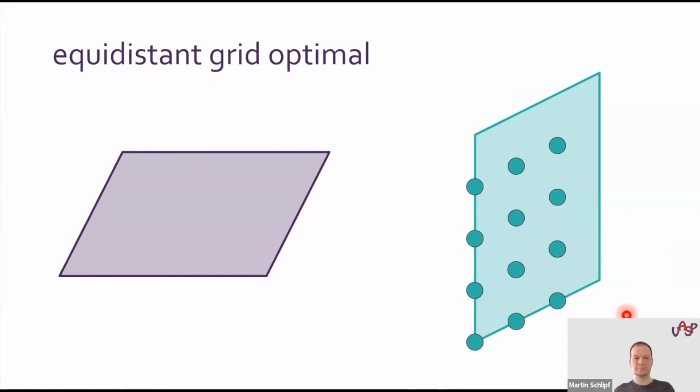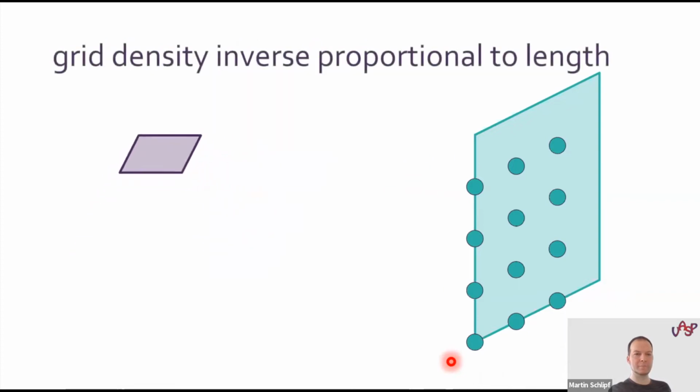But of course, equidistant is not always possible, because not always will your system be a perfect cube. In cases where your system is not cubic, where you have longer and shorter axes, you want to choose your grid such that the grid density corresponds to the length of the reciprocal axis, so more or less the inverse of your real space axis.